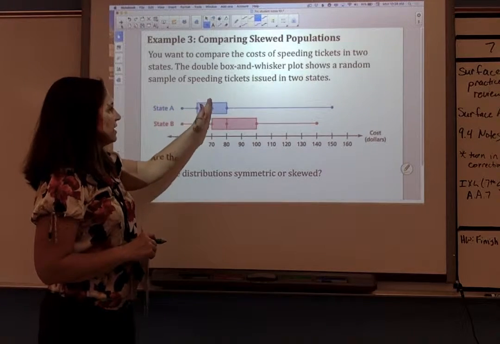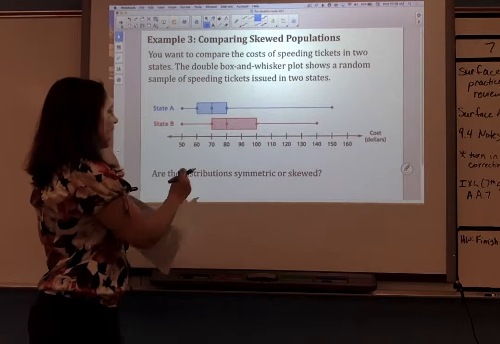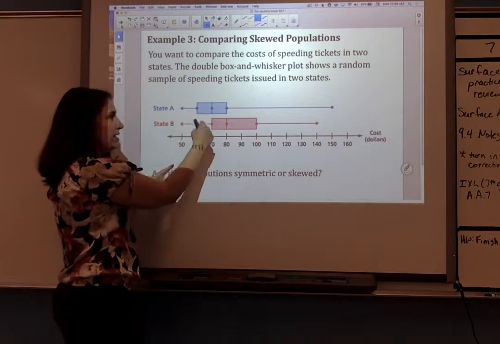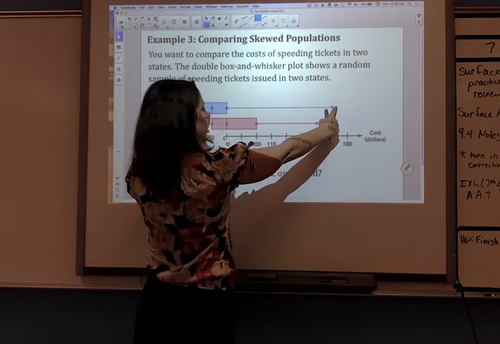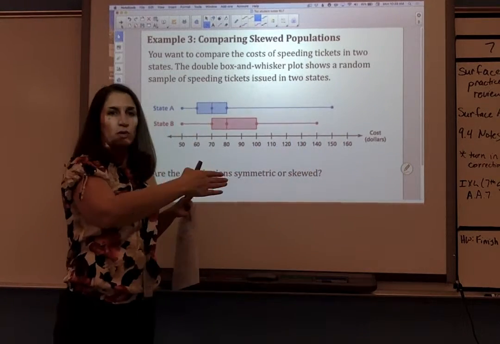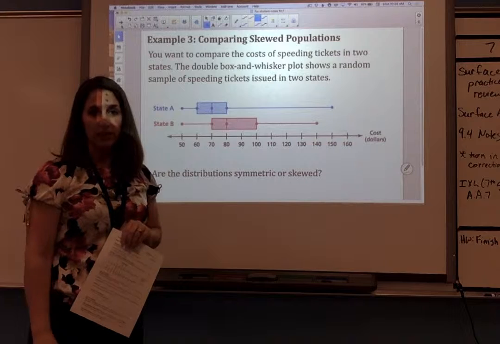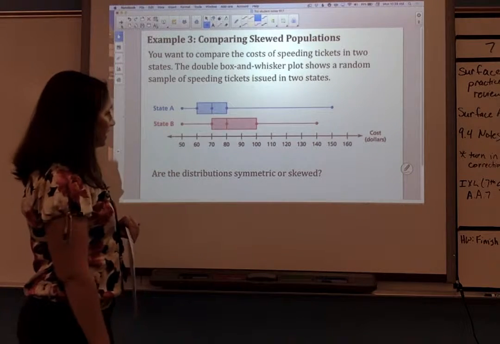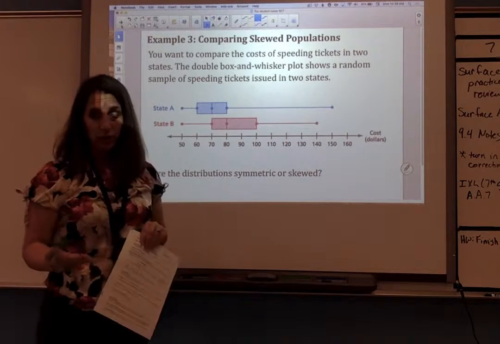Here's the median value. Half of the data values are concentrated in this little tiny piece, and the other half of the data values are spread way out. So that is a really skewed sample of data. State B is a little bit closer to being symmetric.